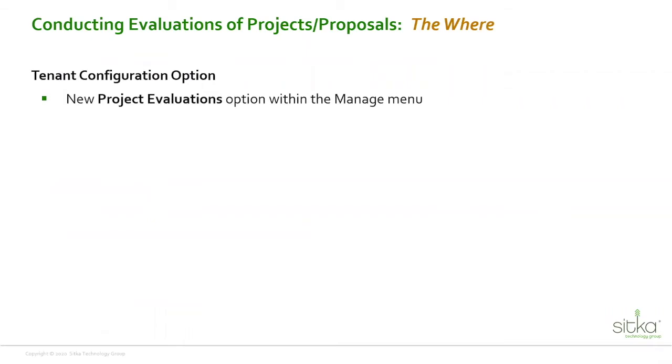So the where, in ProjectFirma, we have implemented the project evaluations as a tenant configuration option. So it could be on or off for your particular tenant instance. If it's off, just reach out to us and we can turn it on for you. And then once it's on, any administrator in the system, so one of your administrators of the application, can build project evaluations, define criteria by which you want to evaluate the projects, and then load particular projects into those evaluations.